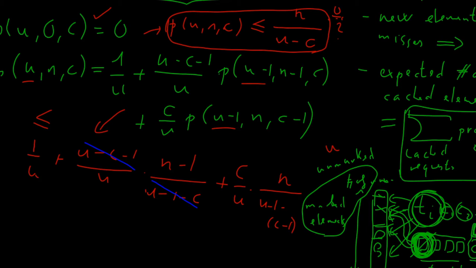And then we have N divided by U minus 1 minus C minus 1, so that's just U minus C.